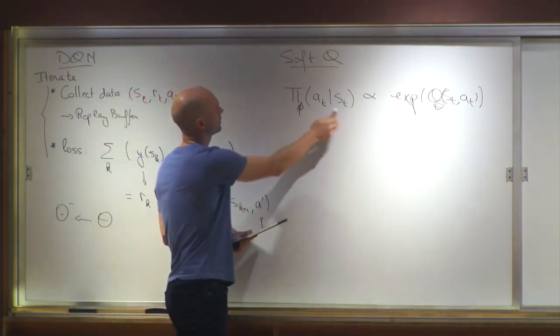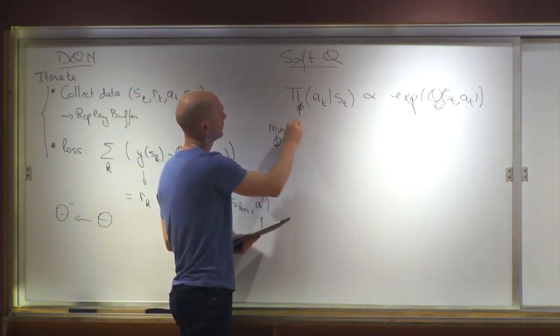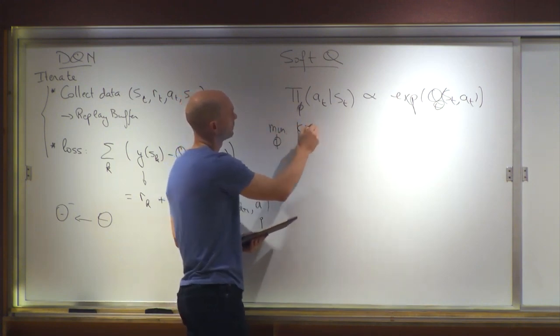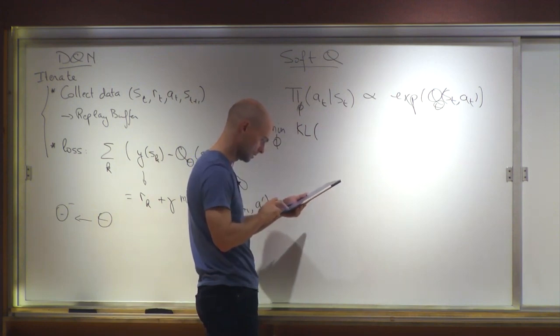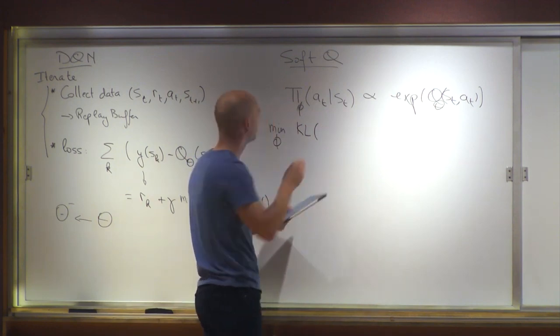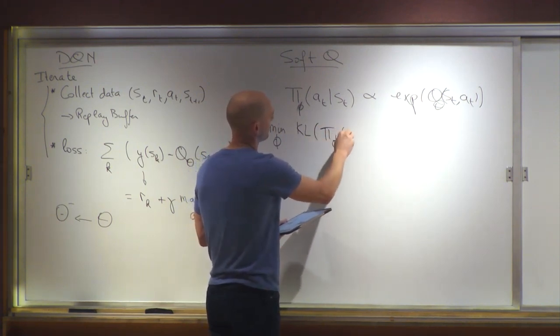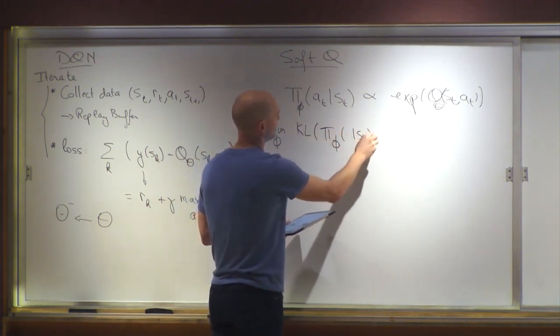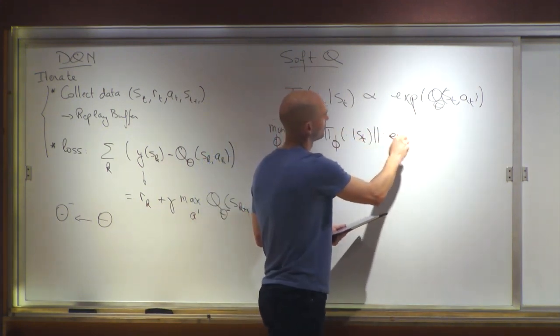And we can find this by minimizing over phi the KL divergence between the policy pi phi at s_t and the unnormalized distribution exp Q theta (s_t, a_t).